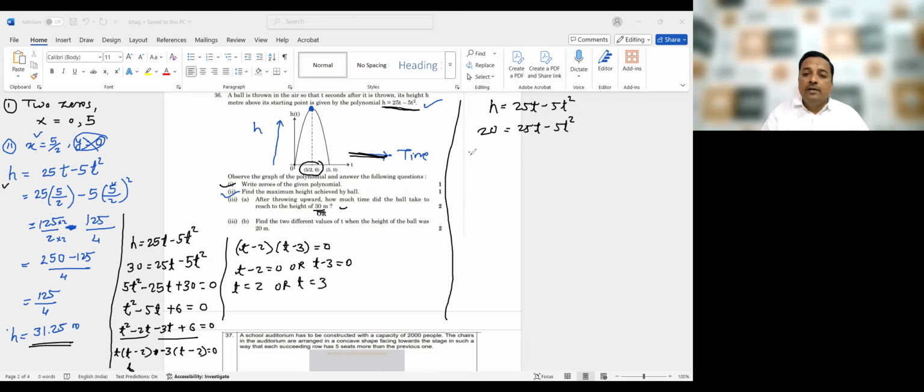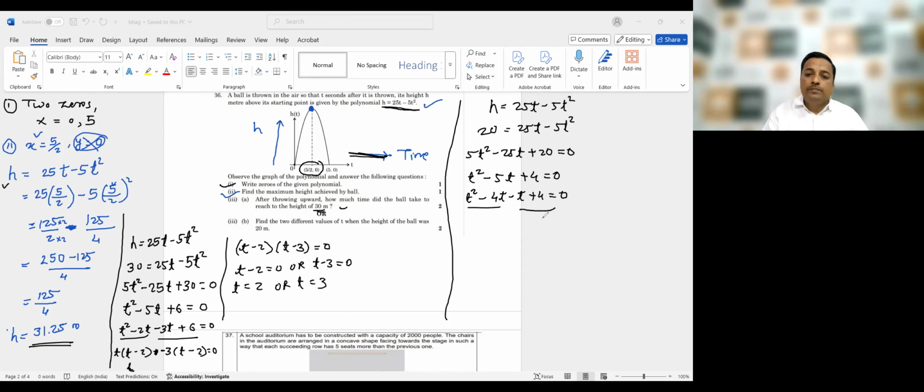Shift again to this side: 5t² − 25t + 20 = 0. Divide by 5: t² − 5t + 4. Now we need factors of 4 that give 5: 4 and 1. So t² − 4t − 1t + 4.